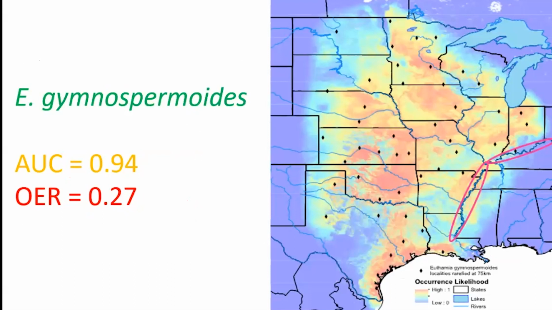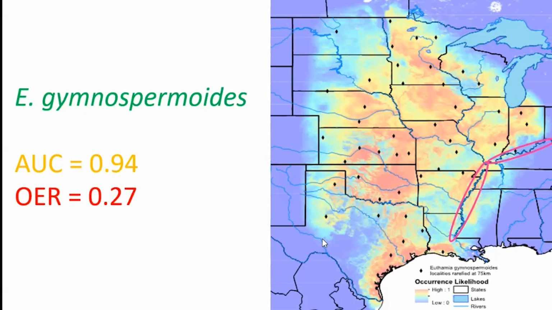Now, Gymnospermoides is primarily a Great Plains species, but there's also a coastal component to it, and it is also exclusively east and north, more or less, of the Ohio and Mississippi rivers here. It has two niches.